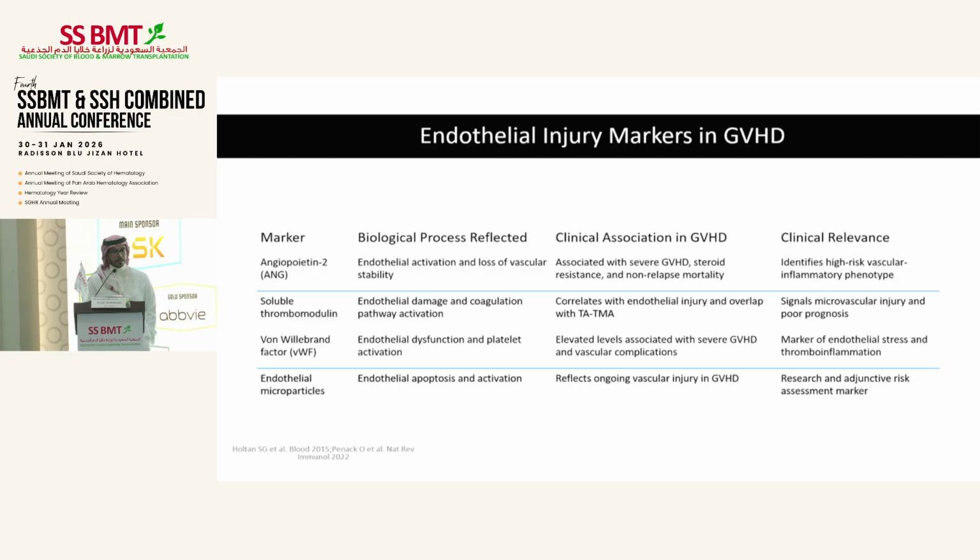So if you detect those biomarkers, not at the beginning of GVHD, which is very unlikely, but maybe at a later stage, like 7 days after GVHD, that usually tells you the patient will likely progress and you need a different approach rather than waiting or giving the standard second-line treatment.